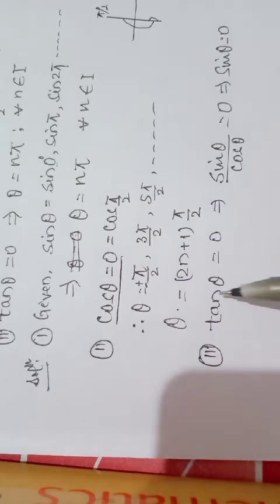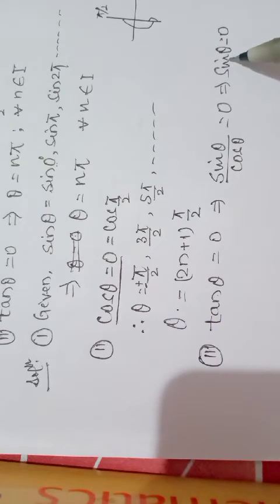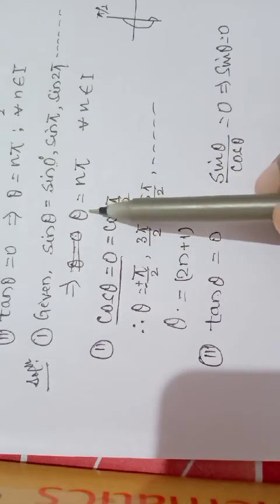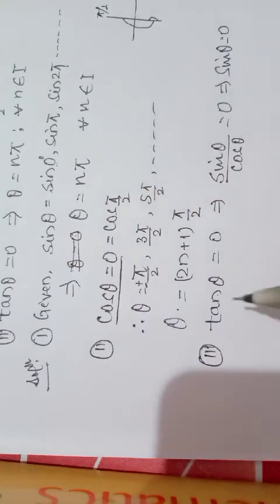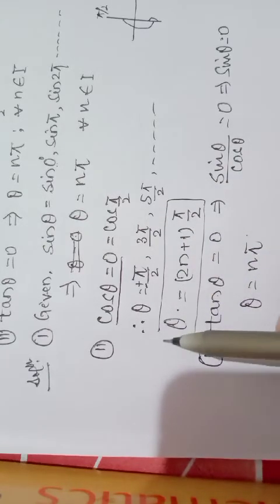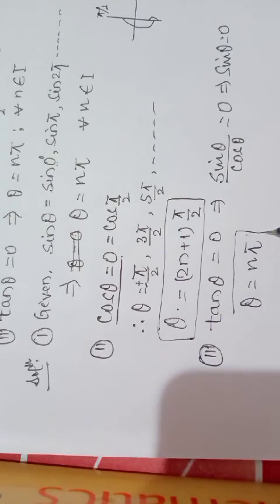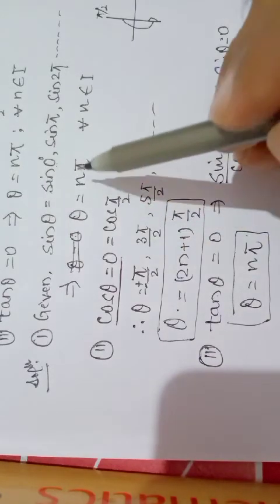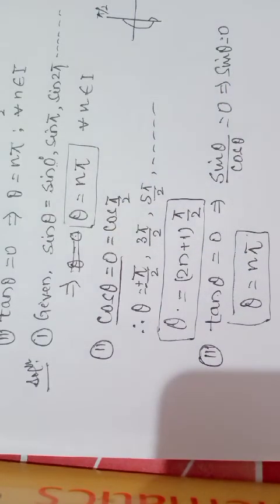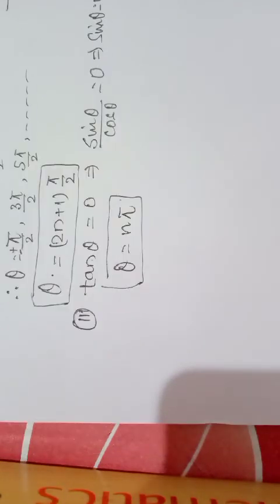So its value is the same as the value for sin theta, so the general value of theta is n pi. So this identity is applicable in the case of 0 only, when sin theta is 0.